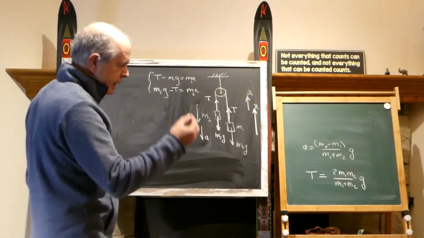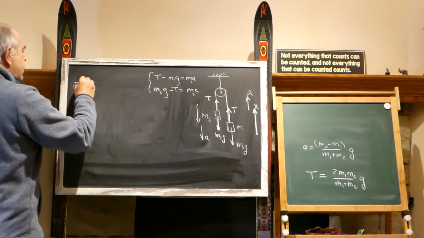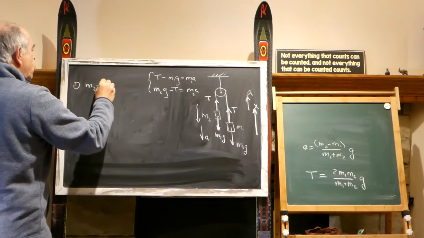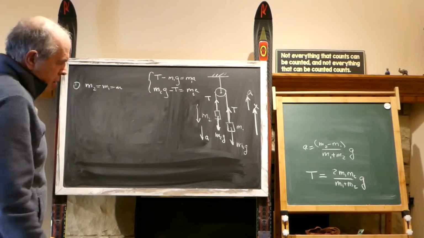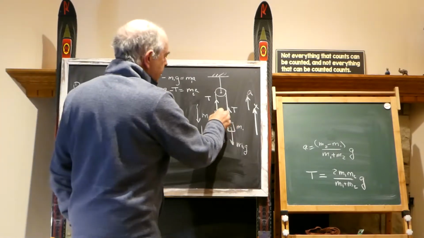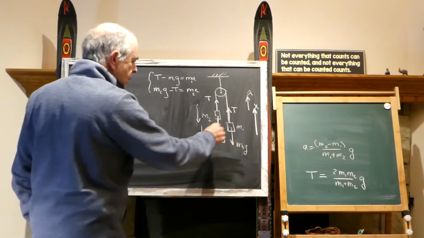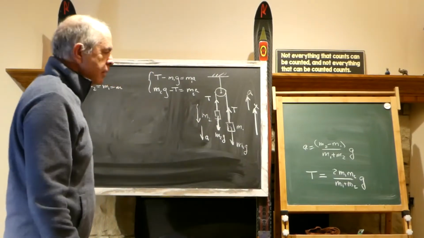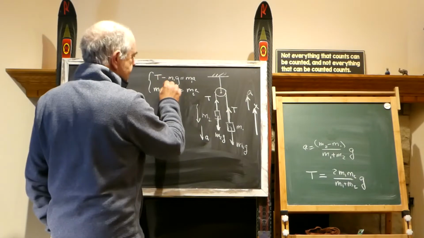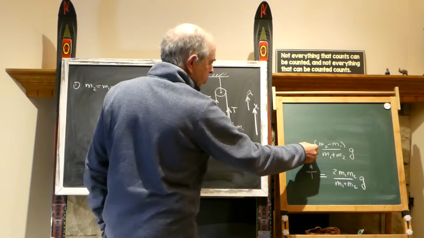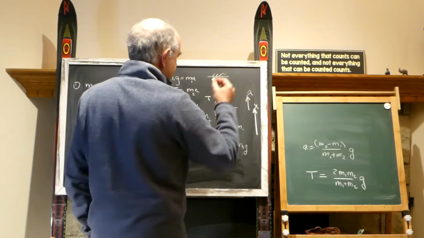But first, as I said, let's do some sanity checks. Imagine that M2 equals M1 equals M, same as here. So what will happen? Of course, nothing will happen. They will be hanging in total balance, so their acceleration would be 0. And of course, M2 minus M1 would be 0, so acceleration will be 0.